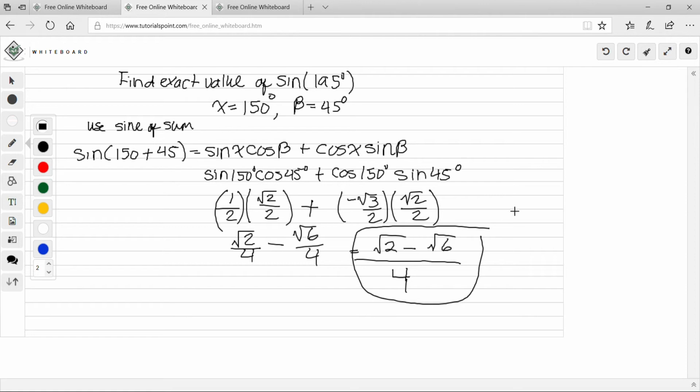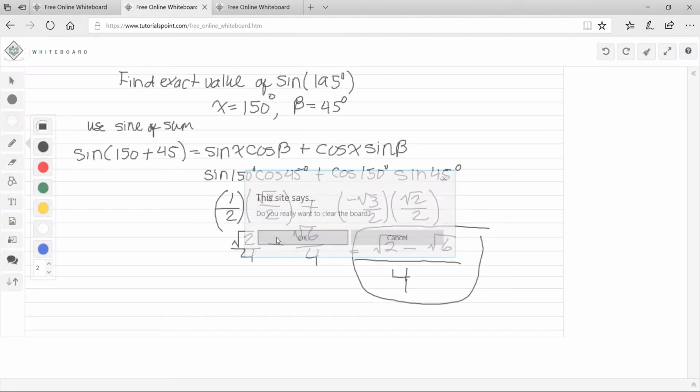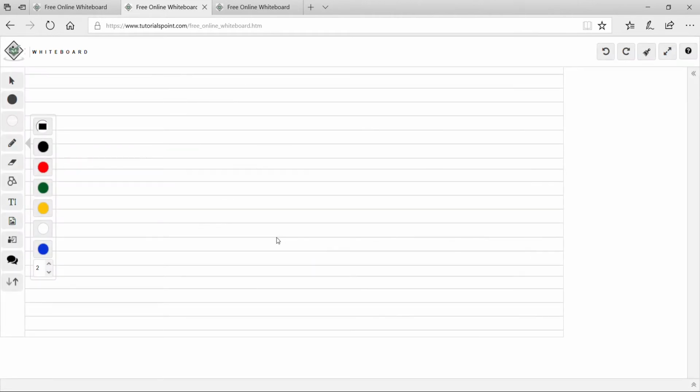Let's do another one. We've got to find the exact value of tangent pi over 12. It's the same idea. We need two angles.